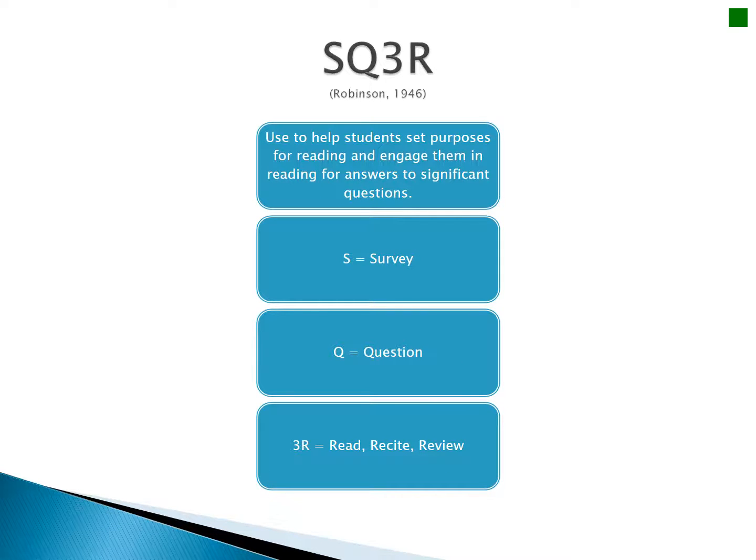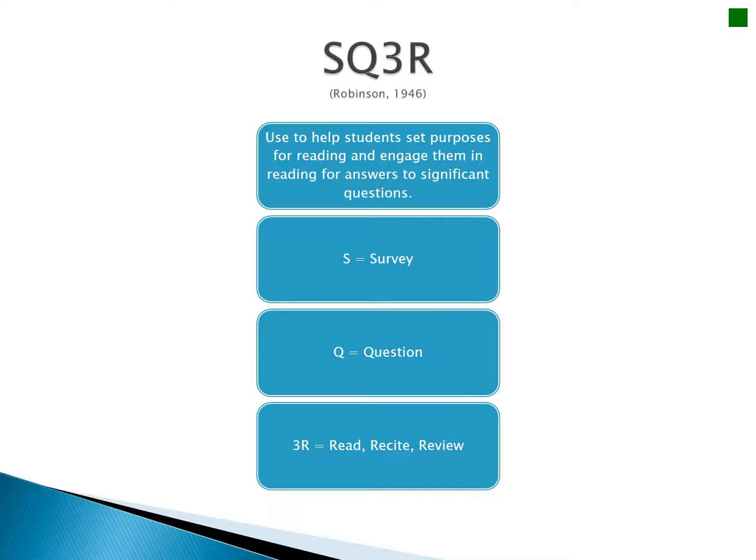Another structure that we can have our students use, this is one that was developed many years ago, SQ3R. This is excellent for expository text. Basically, you use it to have your students set their purpose for reading and to engage them as they're reading by looking for answers to significant questions.